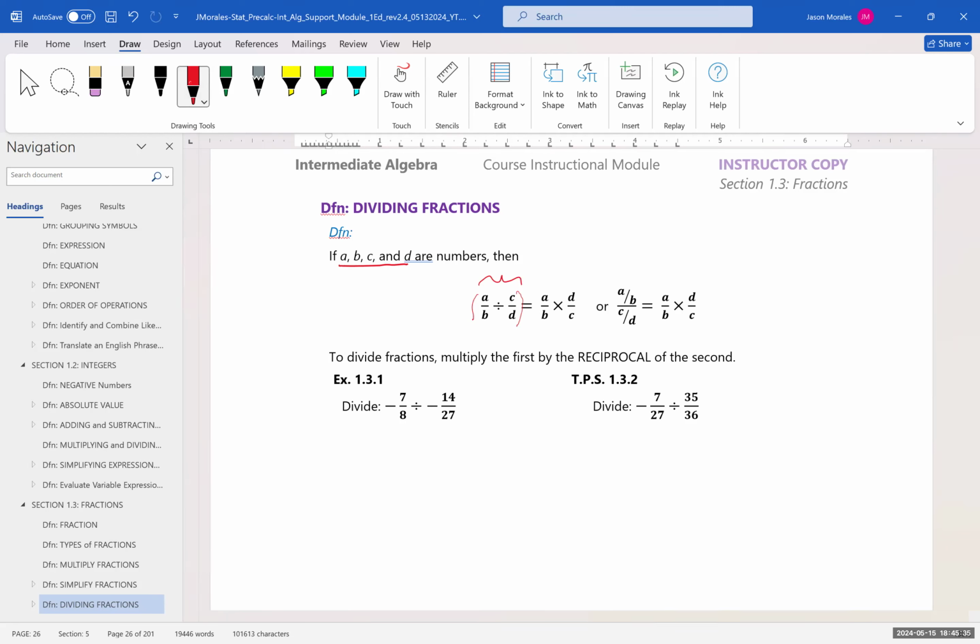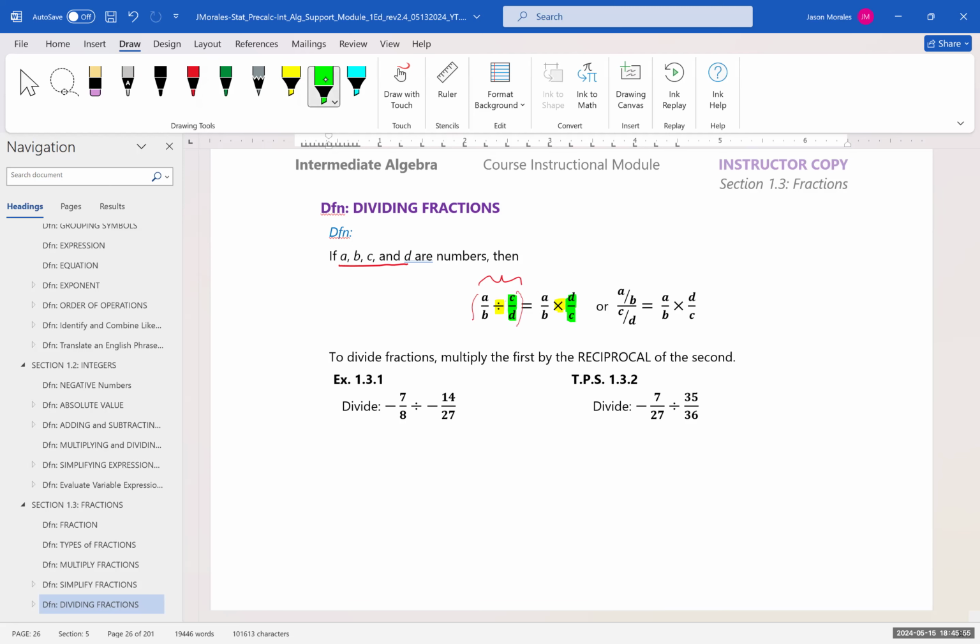So we can turn a division of fractions into a multiplication of fractions if we do the reciprocal of one of the fractions.